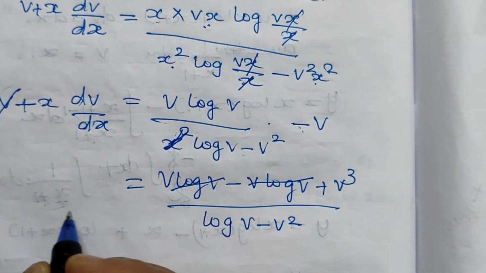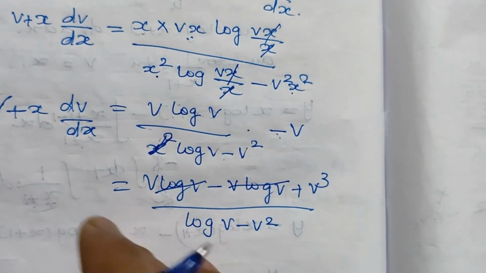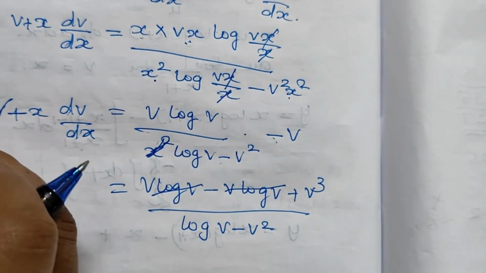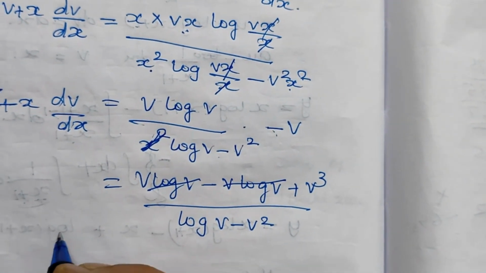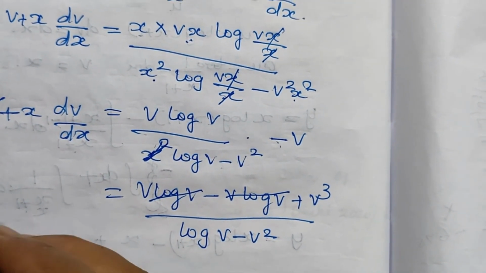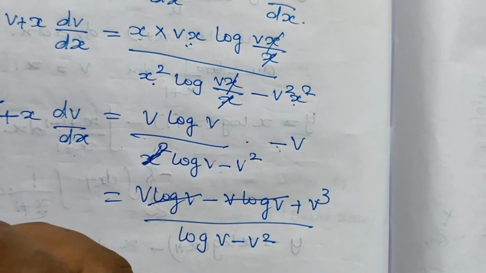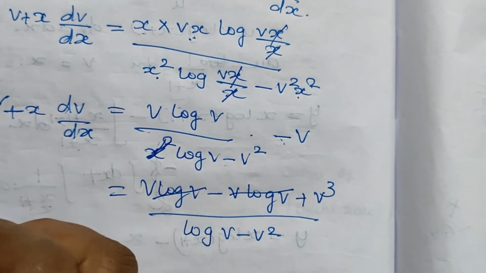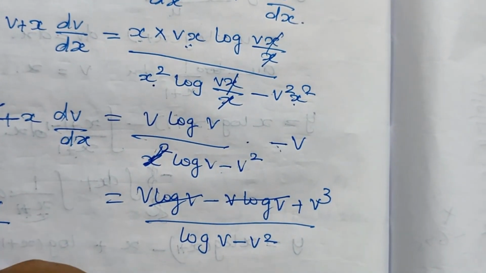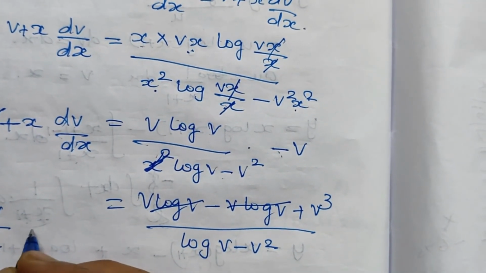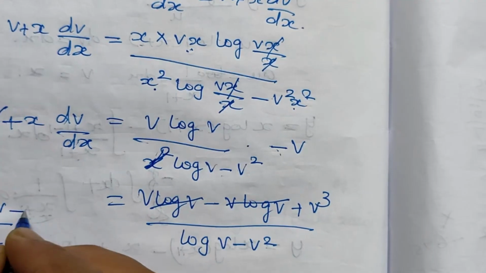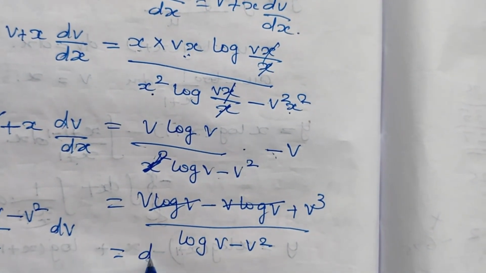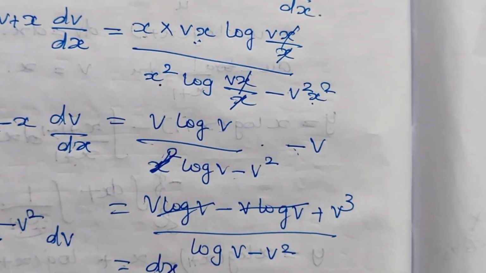Next we are going to use the variable separable method. Bring the v variable to one side and the x variable to one side. So what you get is (log v − v²)/v³ dv = dx/x.